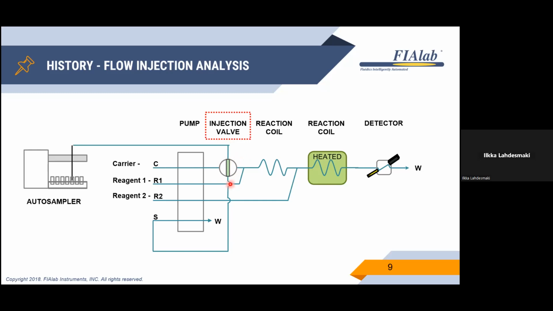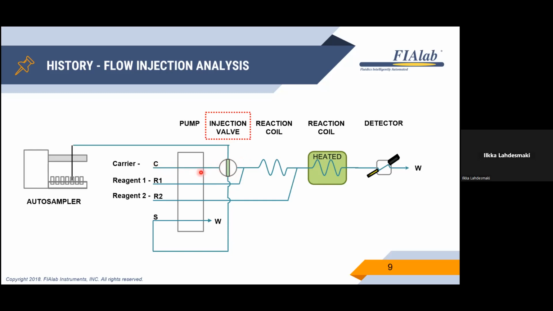If the valve is in its load position, the sample flows into the valve and fills a sample loop on the valve, after which the valve can flip from the load position to an inject position, and the sample now becomes part of the path of a continuously moving carrier stream.